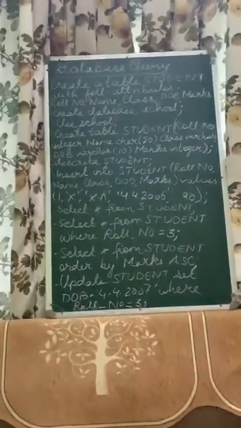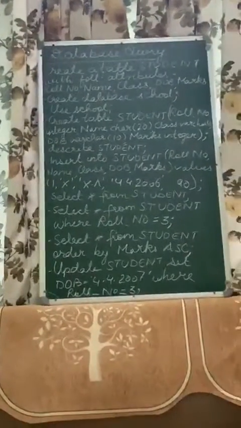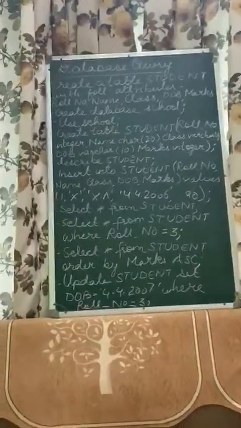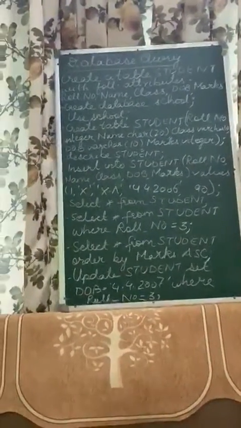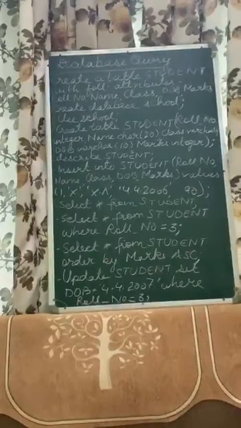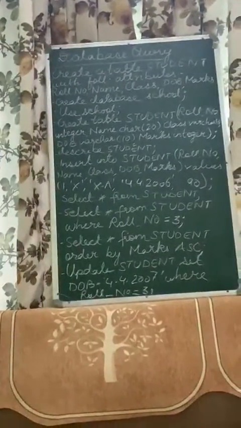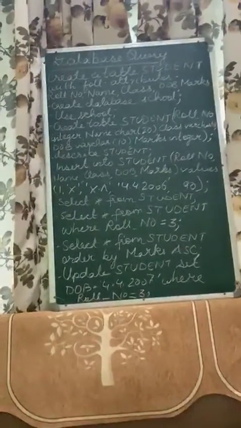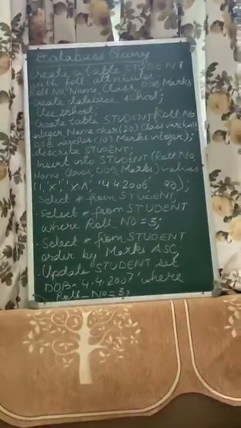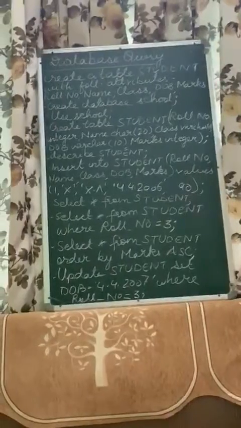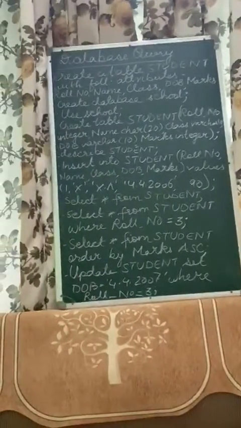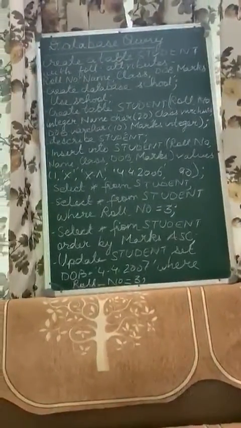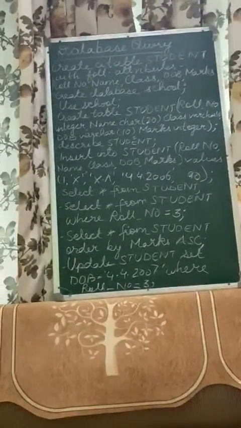Then you will start with the table. So: create table student, then a bracket, roll number, the data type of roll number integer, comma, name, the data type of name being char, and I mention the range also, 20. Class can be written as a Roman numeral, plus alphabet, plus number, so I take the data type as varchar with range 5.